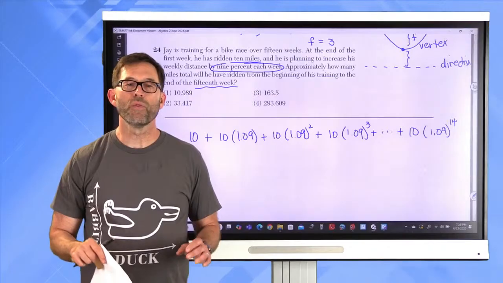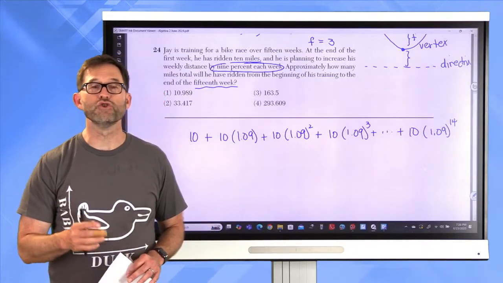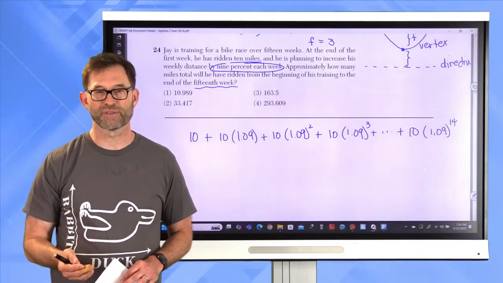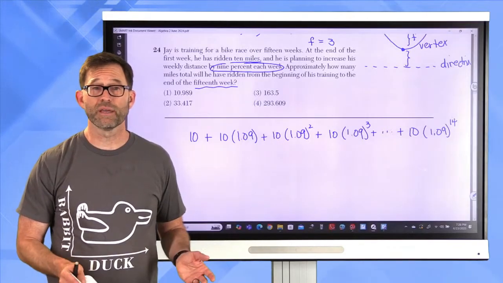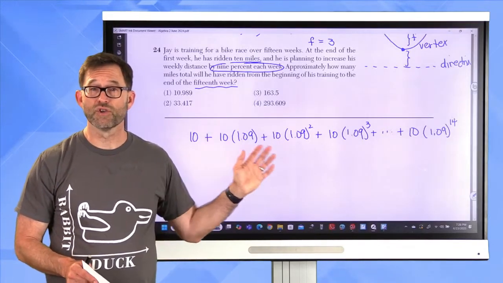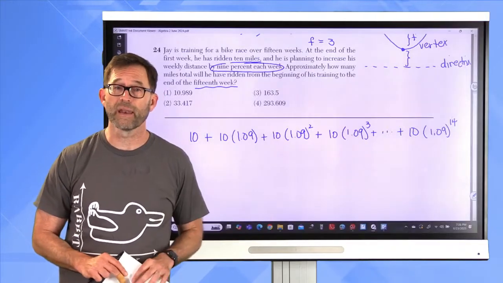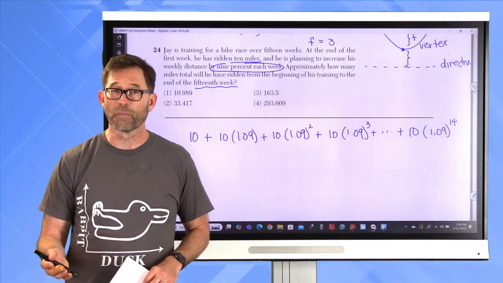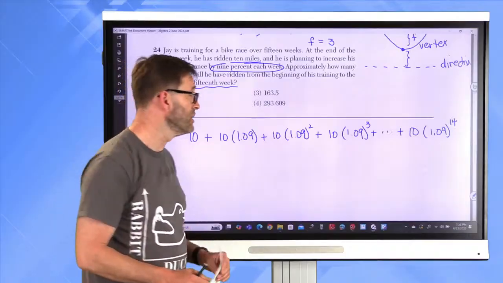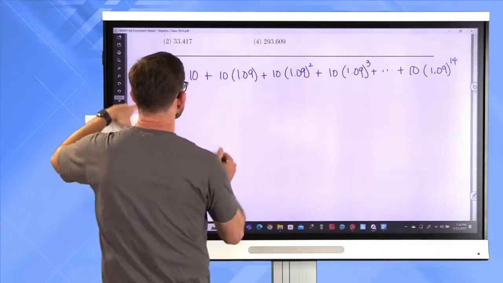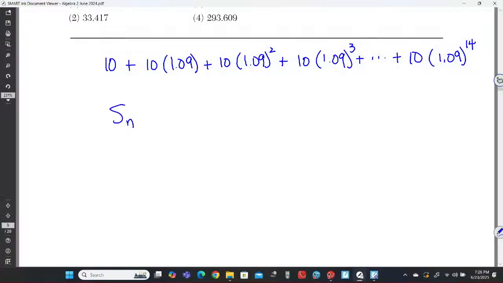So this then is a geometric series. Now, you could actually take your calculator out and just put this all in and add it up. But there's a formula, it's actually on your formula sheet, that says that the sum of a geometric series is a1 minus a1 times r to the n, all divided by 1 minus r.